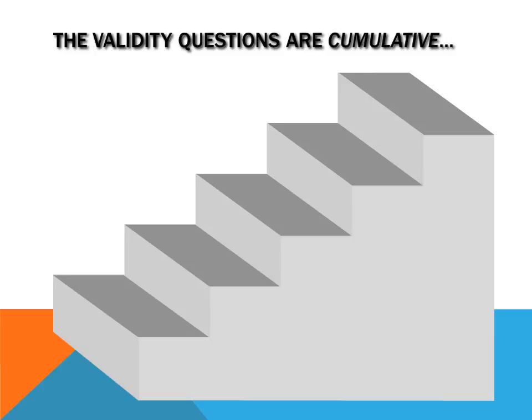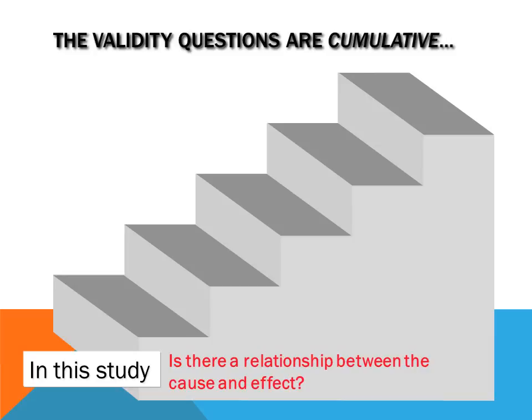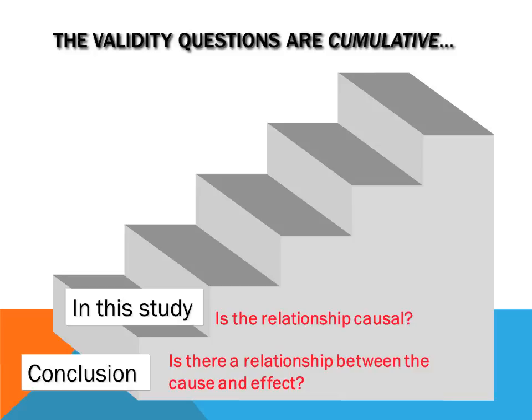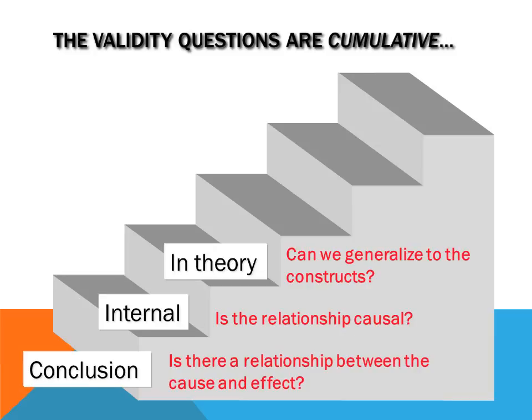So, in a nutshell, validity is an important series of standards by which a researcher is judged. The validity questions are cumulative. The first form of validity is conclusion validity, which deals with the causal nature of the inferences. The second is internal validity, which deals with the causal relationship within the study.